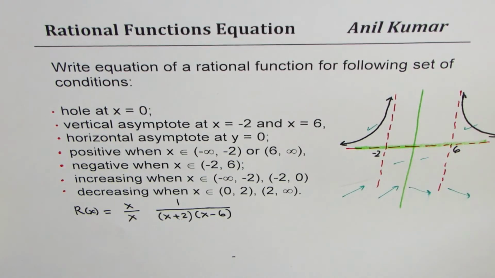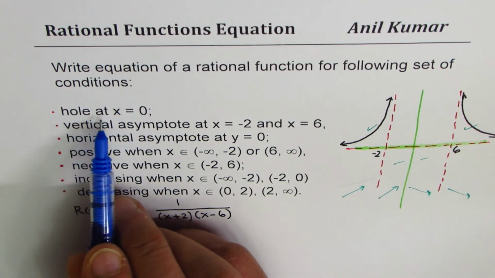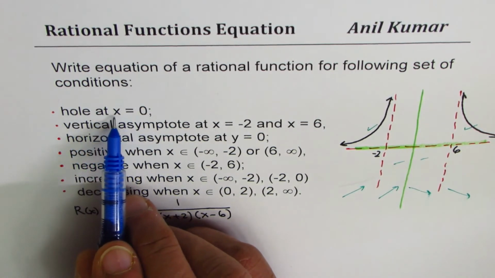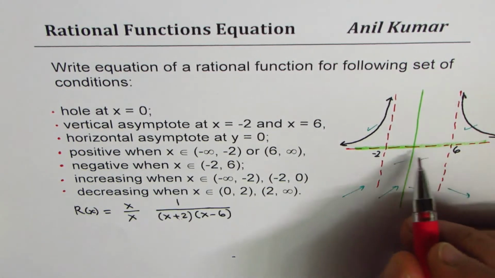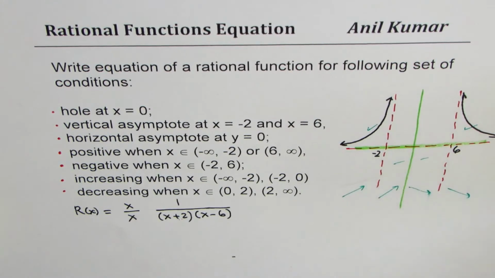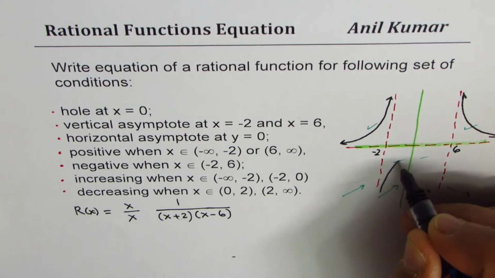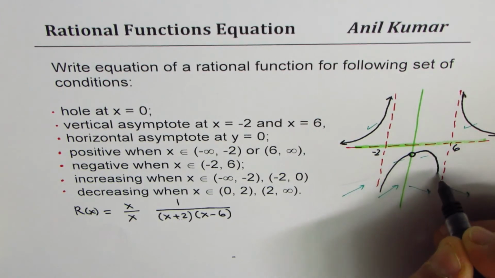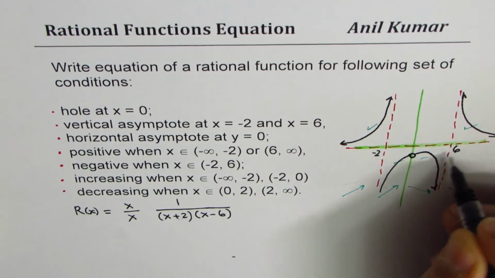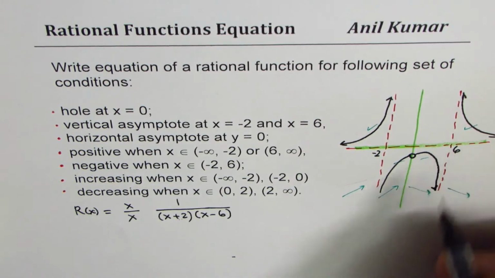Now while we sketch this portion, we have to keep in mind that somewhere the hole is at x equals 0. Now clearly the center is somewhere on the positive side. So when I'm sketching, as I cross this y-axis, I will make a hole, right? So I made a hole, and then we can turn and come like this. 6 is a bigger number, it should have been further ahead, but since I don't have much space, I kept it closer.